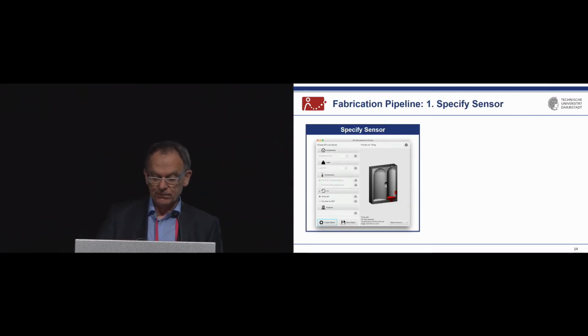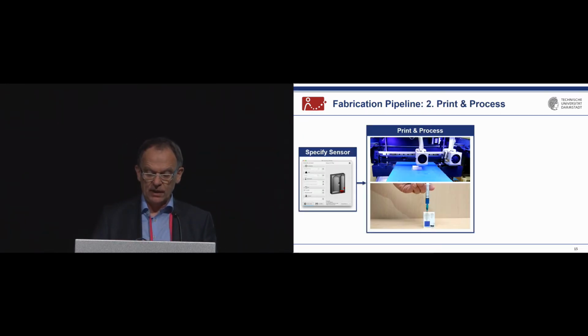Now, I think with this additional explanation, you now understand pretty much the pipeline. We have a specific interactive tool for designing the different kinds of sensors, for defining the size and shape and the values to be recorded and so on. As for the printing, we are using a rather bottom-of-the-line two-nozzle 3D printer, so it's not that expensive.